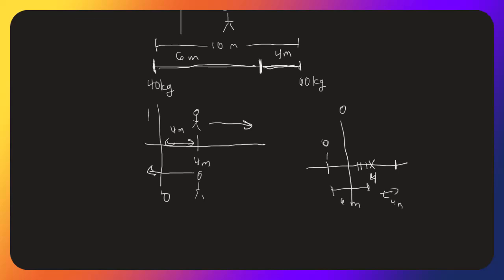Or in other words, we know that the center of mass always is going to be, when we had it at 10 meters, 4 meters away from the heavier person. So the total distance that that person traveled was 8 meters.